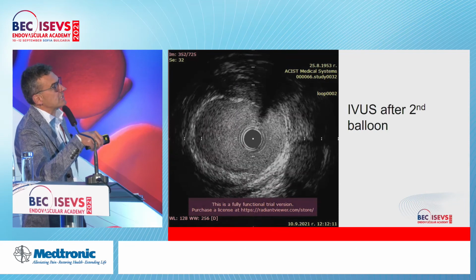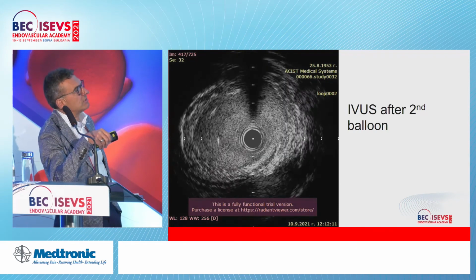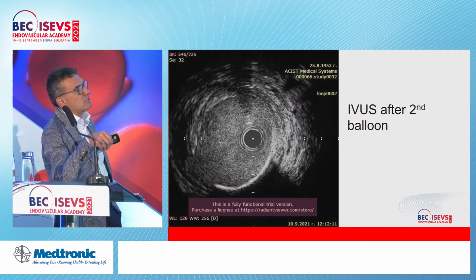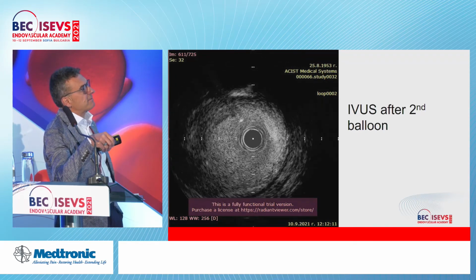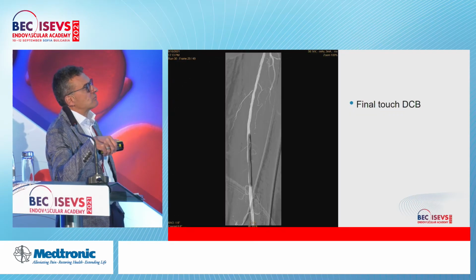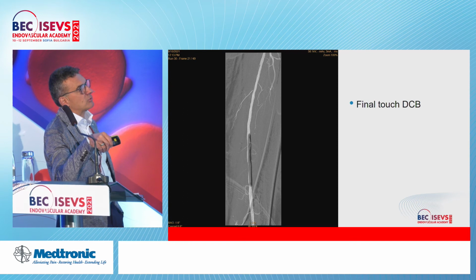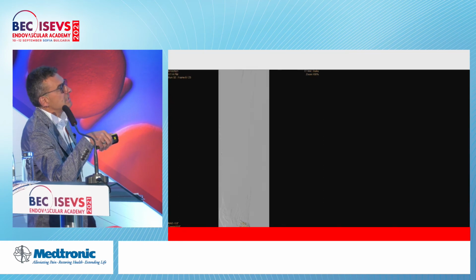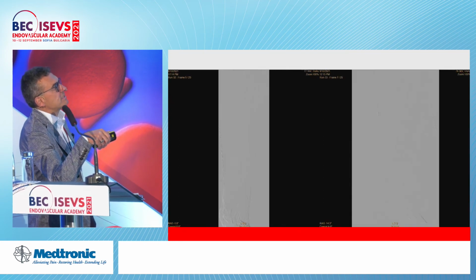This was the contrast injection that you saw within the lumen. And the second was that the residual stenosis is practically zero. So it was definitely proven by two methods, angio and IVUS, and this is the final touch in order to improve the long-term result in this lady.